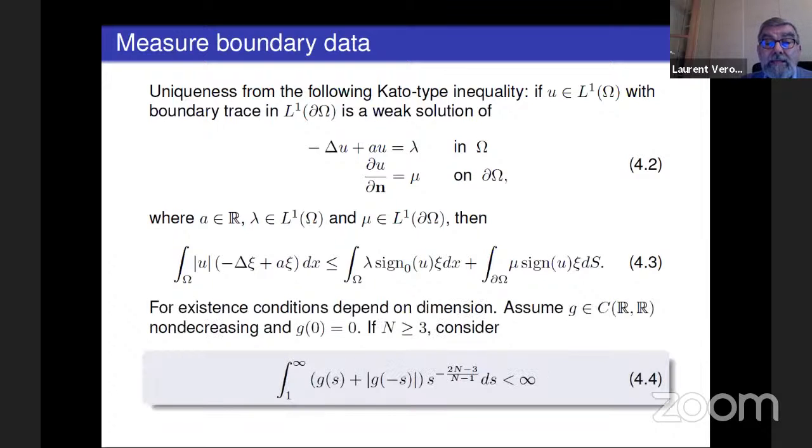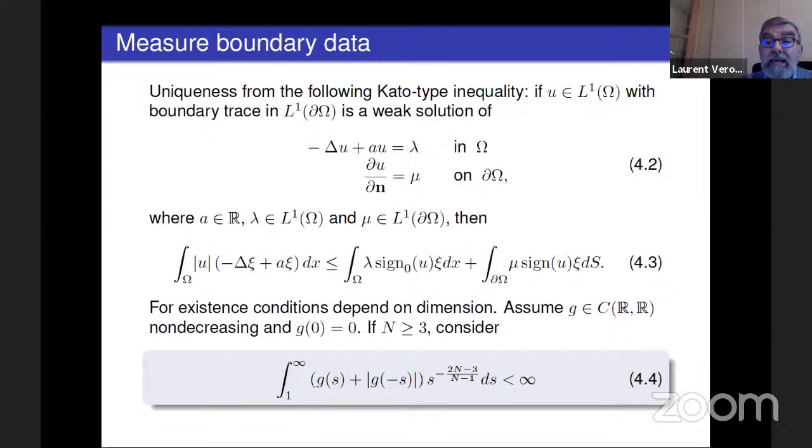Okay. Now, the question is about existence. There is an integral condition on the function g, which is the following. I assume that g is continuous, non-decreasing, and vanishes at 0.